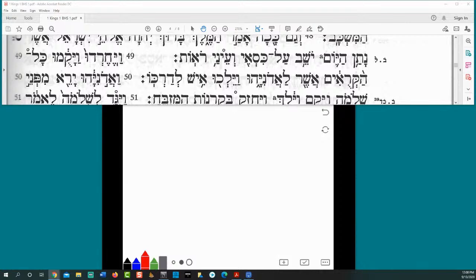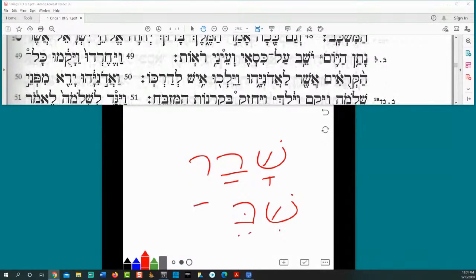The one that we tend to think about from a pedagogical or heuristic standpoint is the intensive, maybe because that one's easier to wrap your head around. So the word shavar in the Qal means to break, but shiber in the Piel means to shatter, to smash, so to break intensely. So that's one of the ways that we think about it.